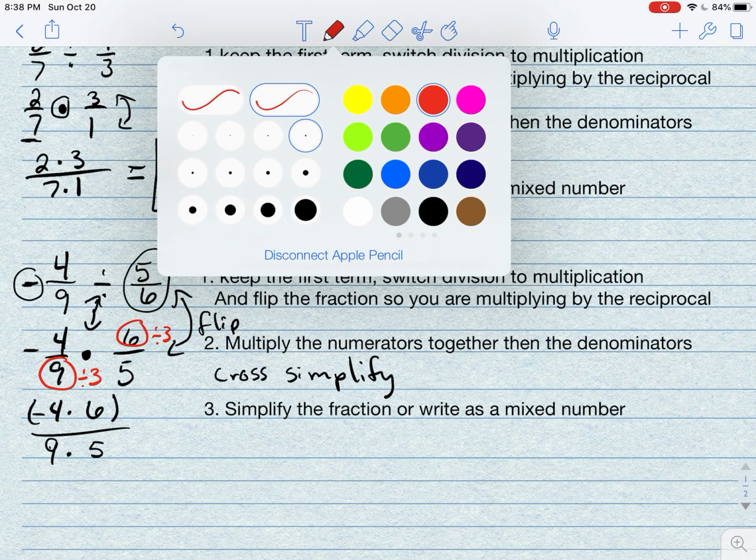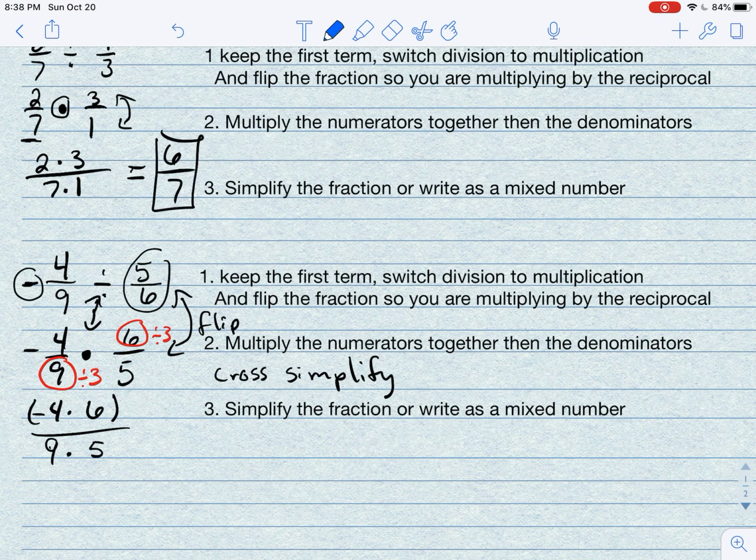Likewise, never mind, we can't do anything with 4 and 5. There's no common factor. So I'm just going to rewrite these. 6 divided by 3 is going to give us 2, and 9 divided by 3 is going to give us 3.